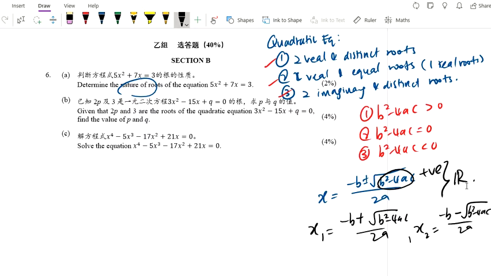But if b squared minus 4ac is equal to 0, means the whole thing here is 0. So it doesn't matter if it is plus or minus. So for the second case here, x will just be negative b over 2a, right? Then for the third case, if b squared minus 4ac is negative, the thing inside your square root is a negative.